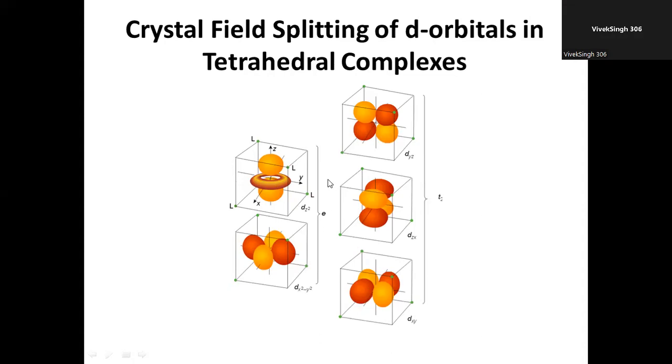This is represented in the form of a cube, and in the center of the cube, at the meeting point of all these axes, there is the metal ion. The ligands are approaching the metal ion along the alternate corners of the cube.